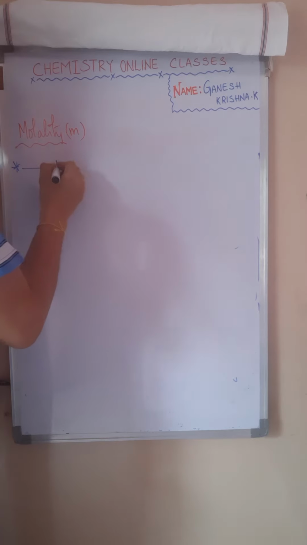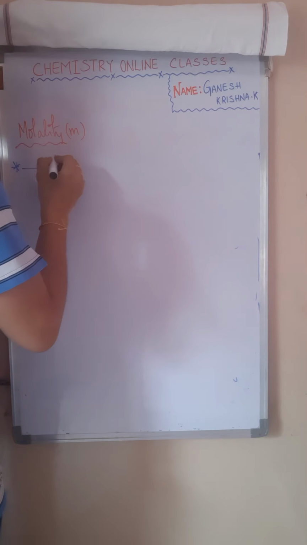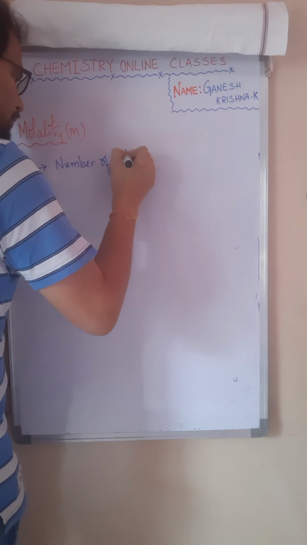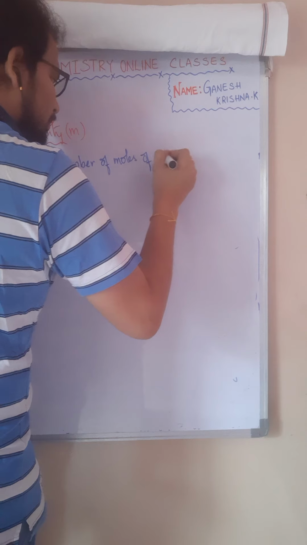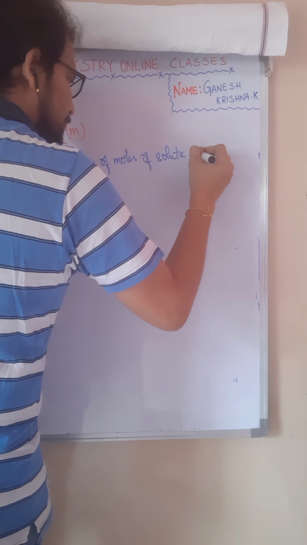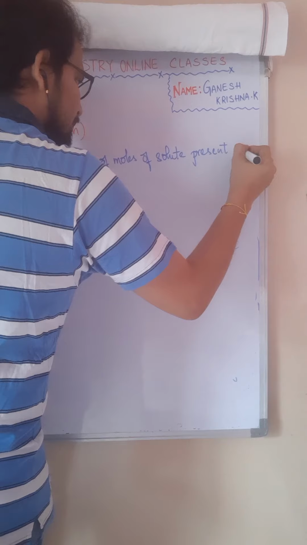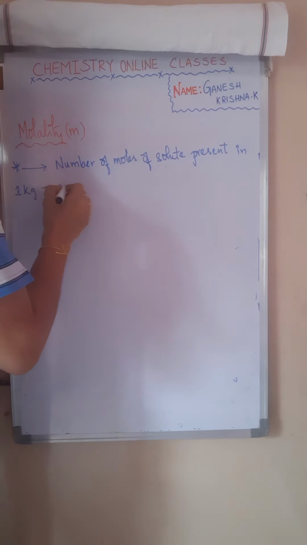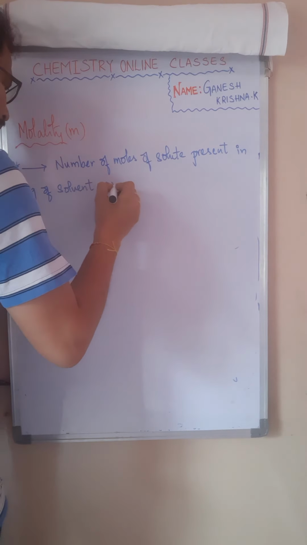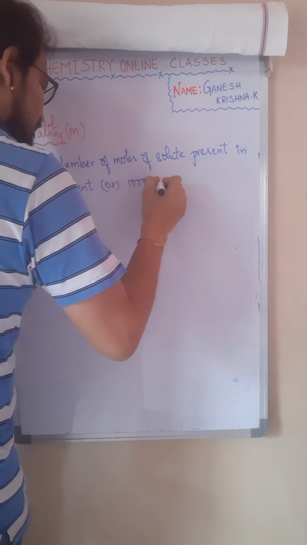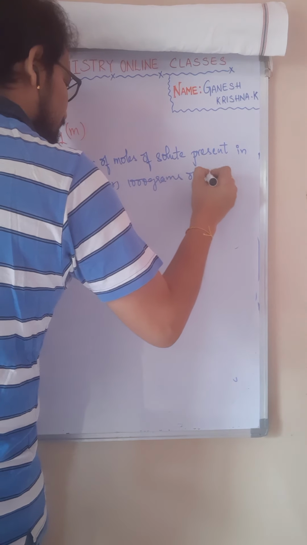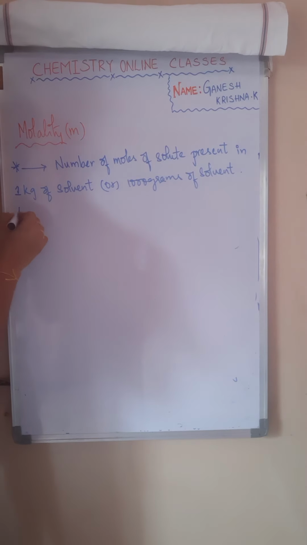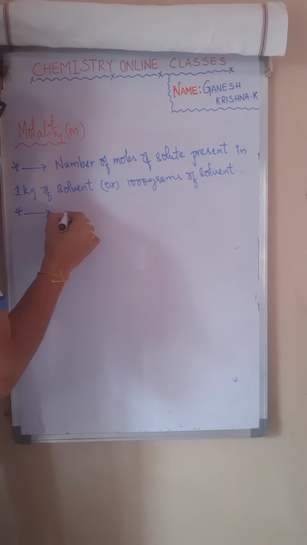Molality is defined as the number of moles of solute present in 1 kg, or 1000 grams, of solvent. This is known as molality. Okay. And what is the mathematical expression for measuring molality?